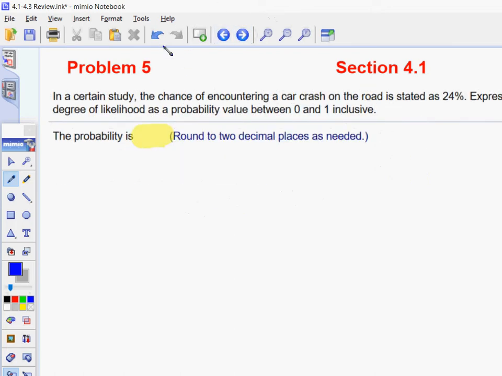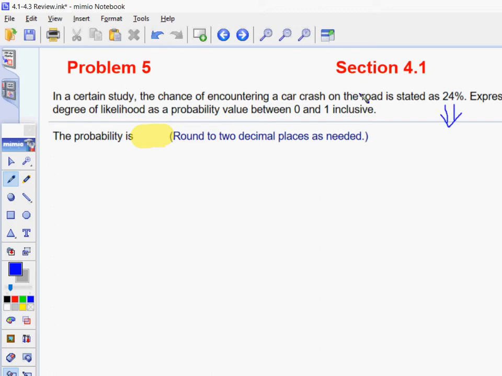Whoops, I skipped one. Problem 5. In a certain study, the chance of encountering a car crash on the road is stated as 24%. Express the indicated degree of likelihood as a probability value between 0 and 1 inclusively. Very handy to think of probabilities expressed as percentages because they build a lot of intuition into the problem. Right? But we need to know how to write them also as probabilities.